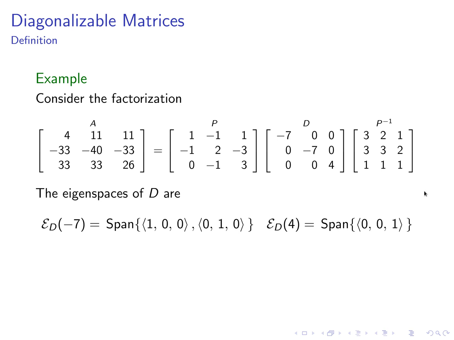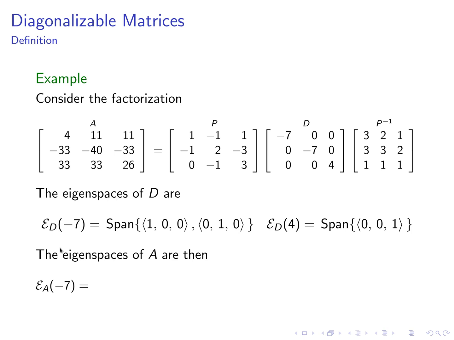Since we understand the eigenvalues and eigenvectors of D, it's not difficult to understand the eigenvectors and eigenvalues of the matrix A. A will have the exact same eigenvalues, -7 and 4, but it does have different eigenvectors.